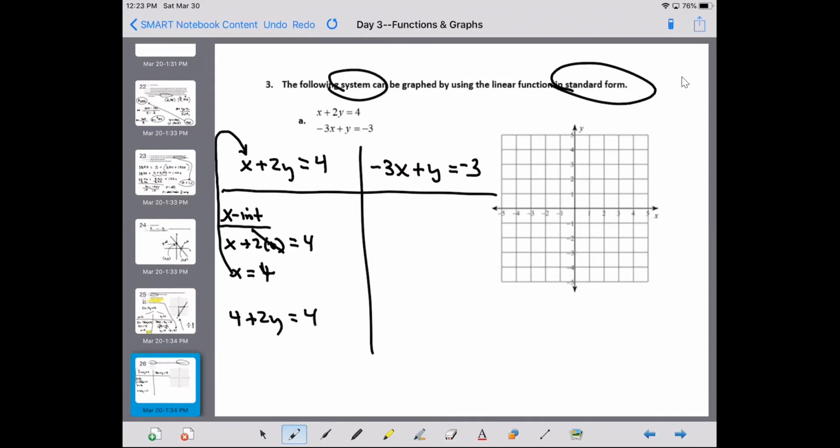When I subtract 4, I'm going to get 2y is equal to 0. So that means y is equal to 0. So there's your x and y intercept for the first equation, which would be (4, 0) and (0.